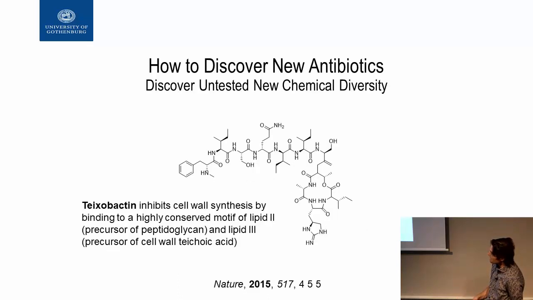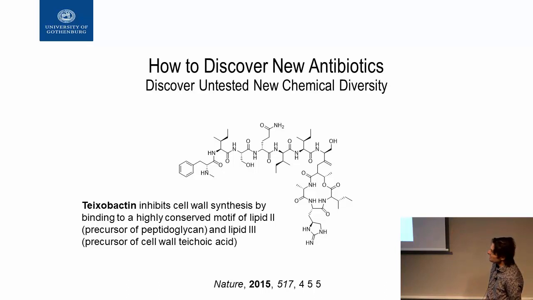And the last one I'm going to show you was a major breakthrough that came in 2015, where some guys isolated this molecule. And it looks very complicated. It's basically a peptide chain, so it looks a bit like a protein. And then it has a tail with this sort of cyclic moiety on it.